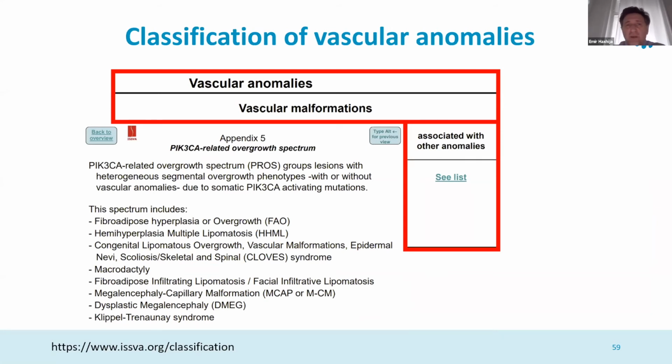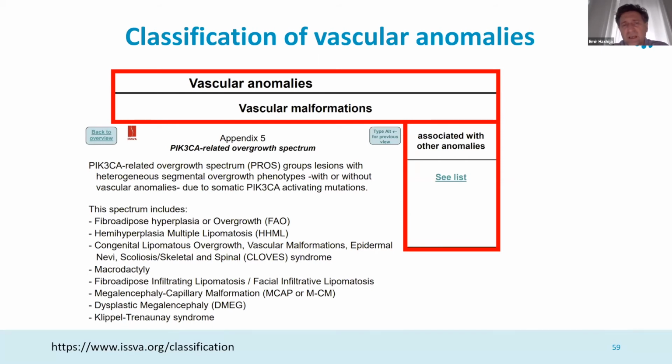In the ISSVA classification, there is also an appendix showing the diseases with PIK3CA-related overgrowth. The mutation in this PIK3CA gene usually leads to overgrowth, and they are called the PIK3CA-related overgrowth spectrum, or PROS group of lesions. They are named here in a line, like fibroadipose hyperplasia, hemihyperplasia, multiple lipomatosis, and so on, so I won't mention all of them.